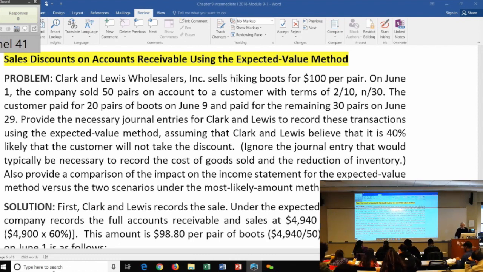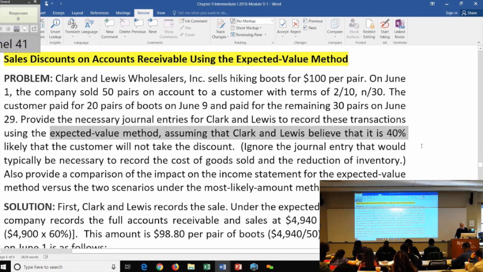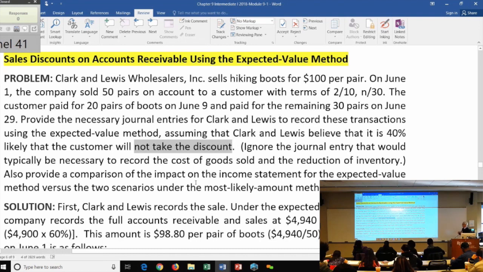Now, we want to use the expected value method. And in the expected value method, we tell you that we believe that 40% will not take the discount, and we want to record the sale and the collections, assuming that 40% don't take the discount, that means 60% will.